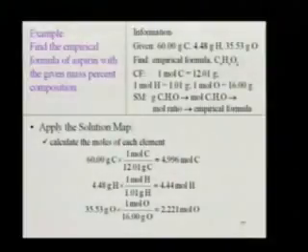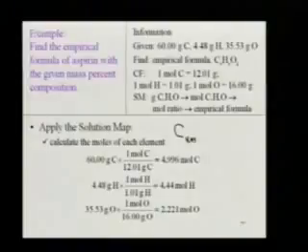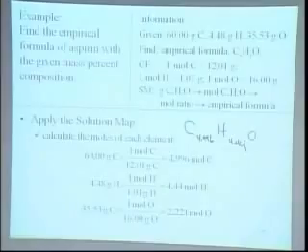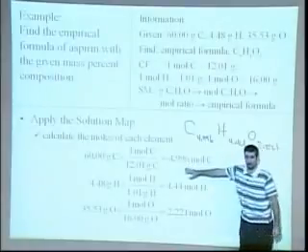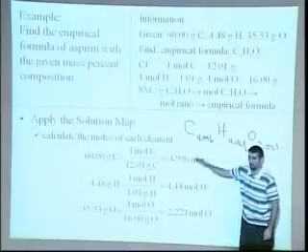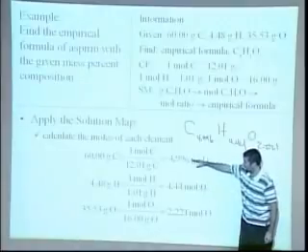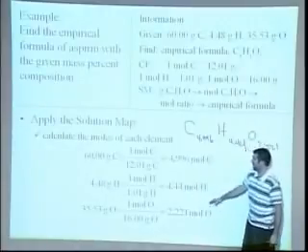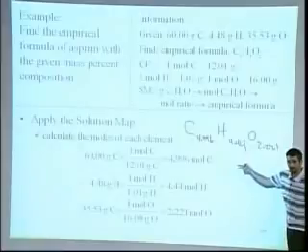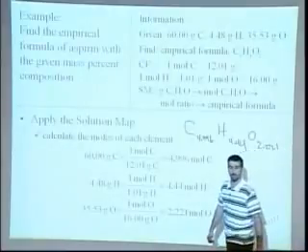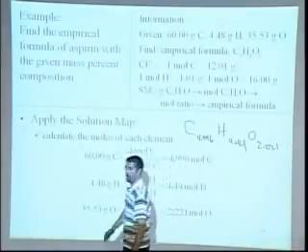I could say the chemical formula is C 4.996, H 4.44, O 2.221. I can say that because in a 100-gram sample, that's the ratio of these things. Now, do you ever see anything written like that? No, that's ridiculous. So now you've done the hard part.